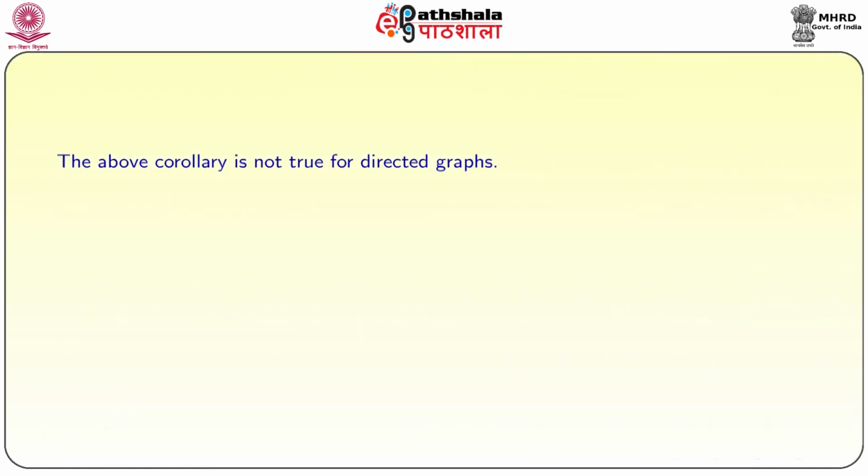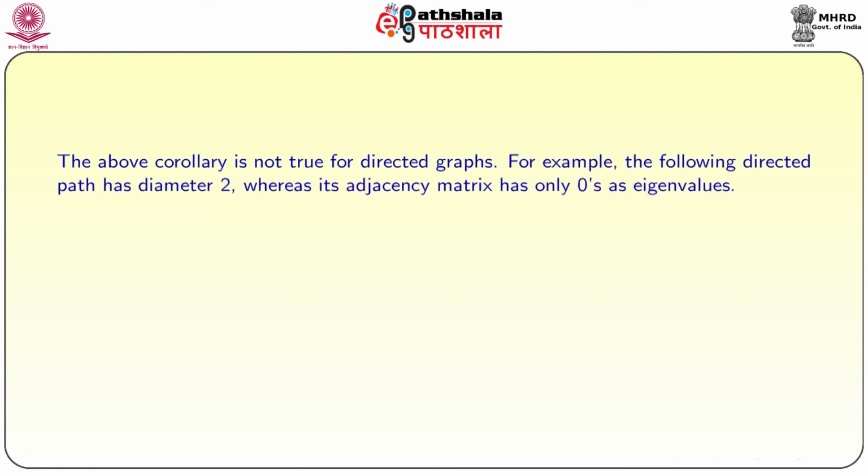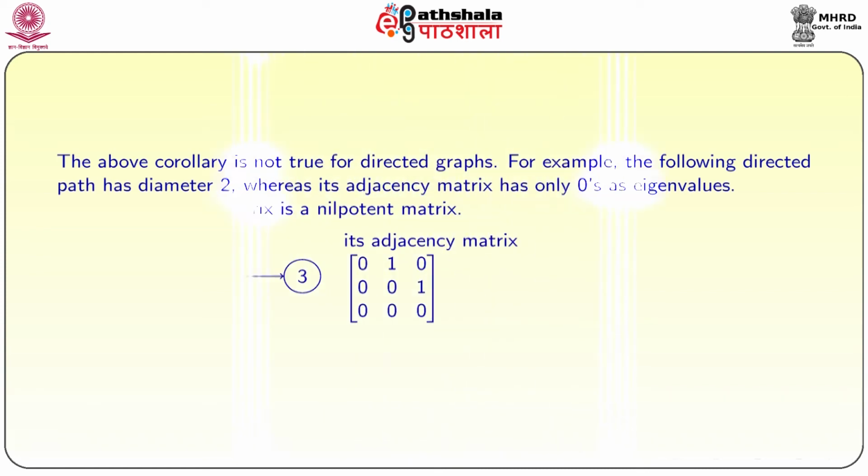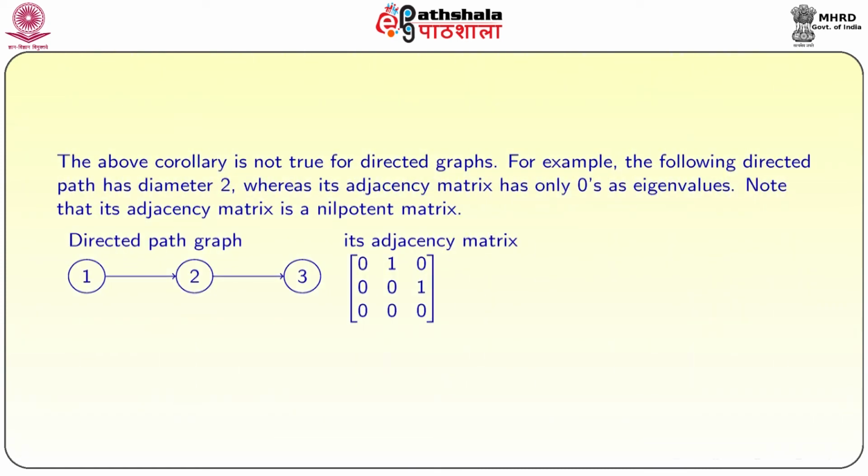The above corollary is not true for directed graphs. For example, the following directed path has diameter 2, whereas its adjacency matrix has only 0 as its eigenvalue. In this directed path graph, there is an edge from 1 to 2, but there is no edge from 2 to 1. So, it is a directed path and its adjacency matrix is given as 0 1 0, 0 0 1, and 0 0 0.